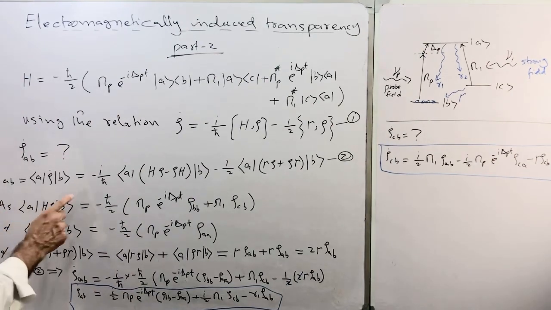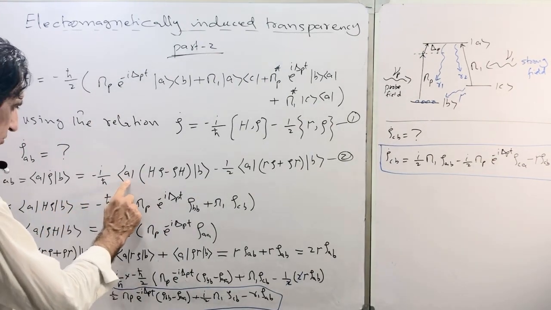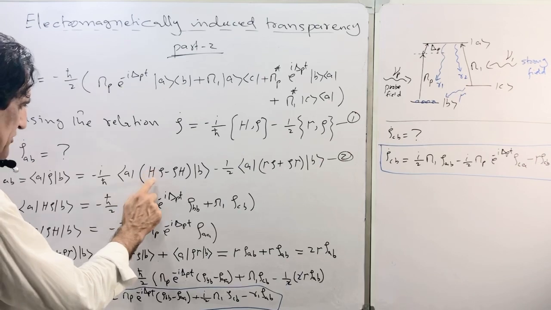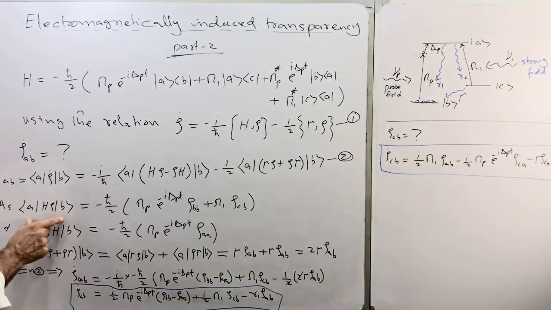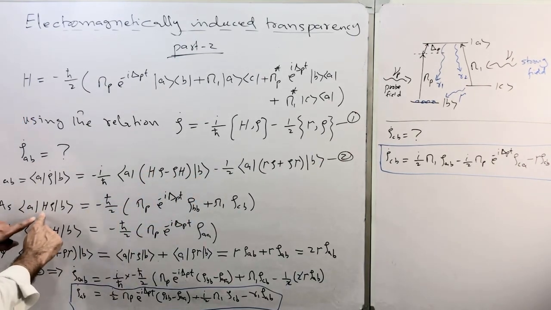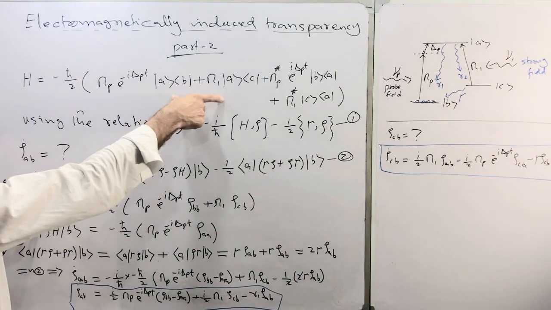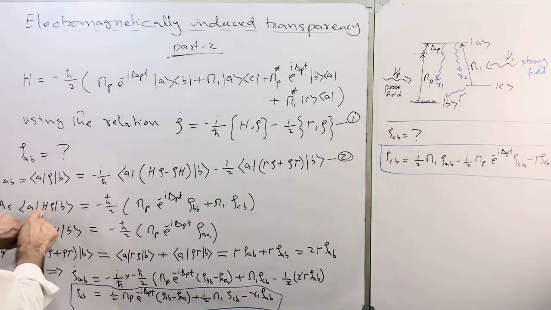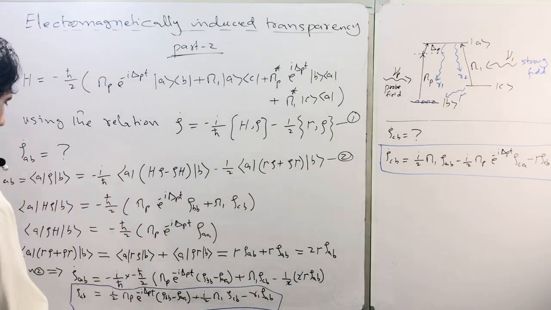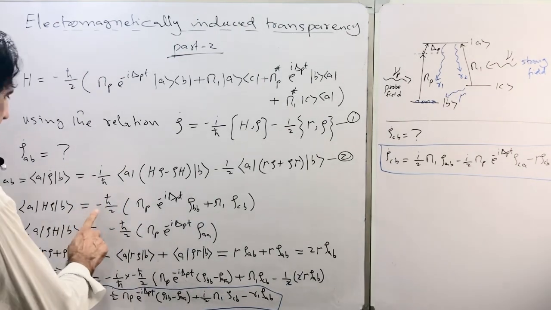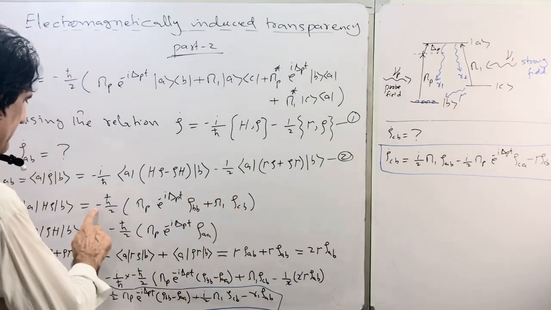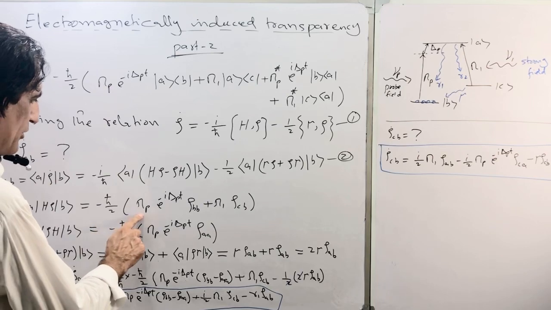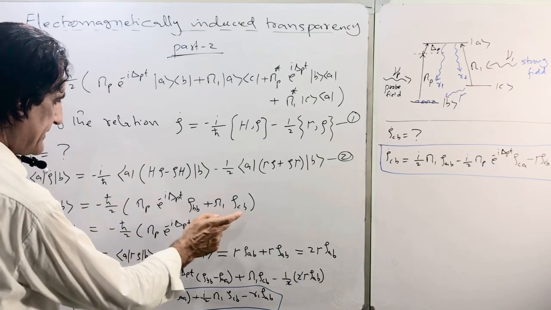For example, I can take A H rho B. So this part, and put the Hamiltonian. This Hamiltonian we should put here, and then after some operation, we can get this equation, minus h cut divided by 2 omega p, this and this.